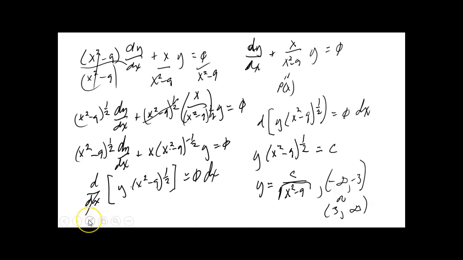Any questions on that? All right, did you want to do it by separation of variables, or are you okay? Actually, if you had said yes, what we would have done was subtract that from both sides, then divide by y and divide by x squared minus 9, and then write in differential form. You would have wound up with log y is equal to the integral of that, which is basically exactly what we had here.